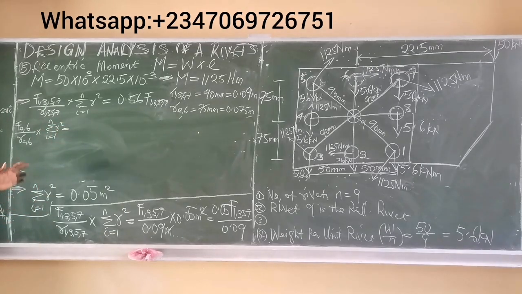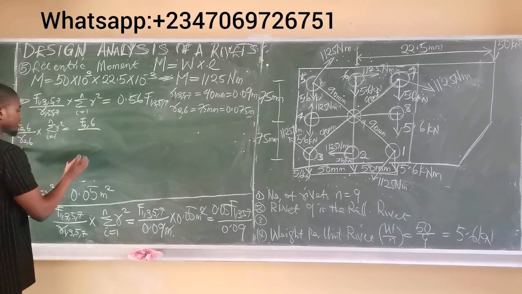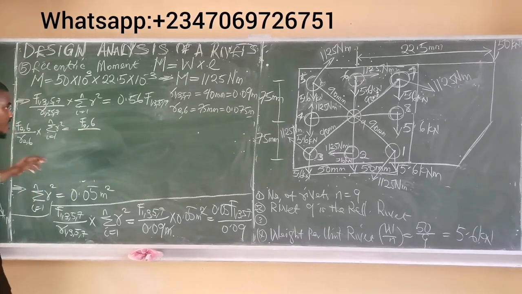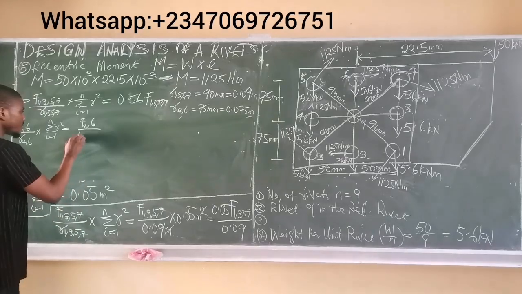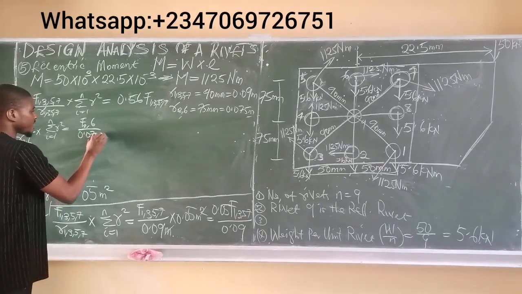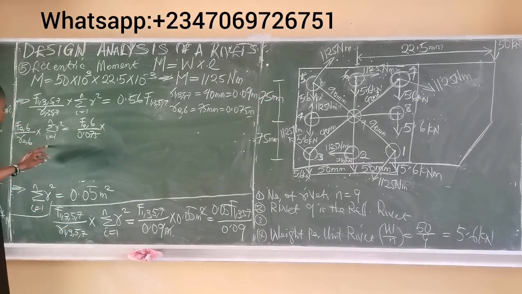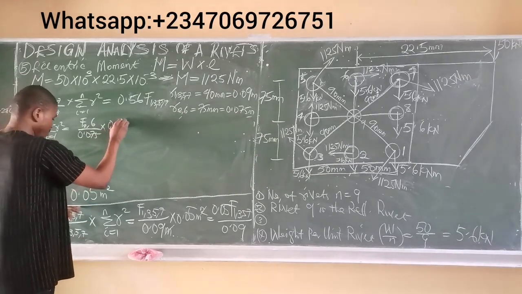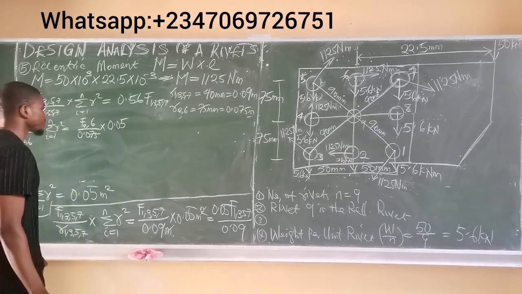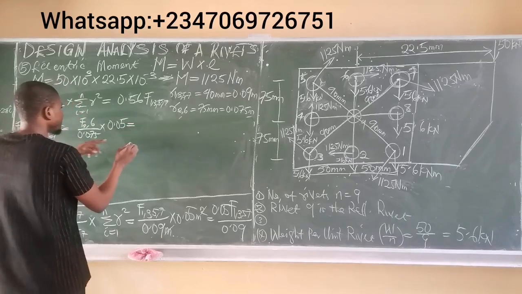So the moment for rivet 2 and rivet 6 becomes F26 all over R26, where R26 is the distance between rivet 2 and rivet 6, which we obtained here to be 75 millimeters, and that is 0.075, multiplied by the total distance, which is 0.05 in meters squared. Okay, now this is going to be what?